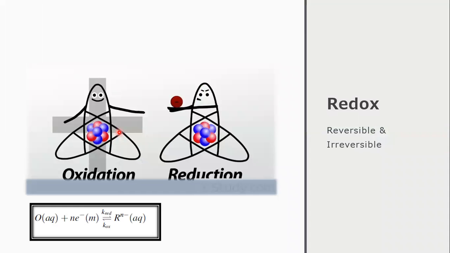This is just a quick recall of your high school chemistry. The electrochemical reaction can be a reversible or irreversible redox process that involves a loss of electrons in the case of oxidation or a gain of electrons in the case of reduction.